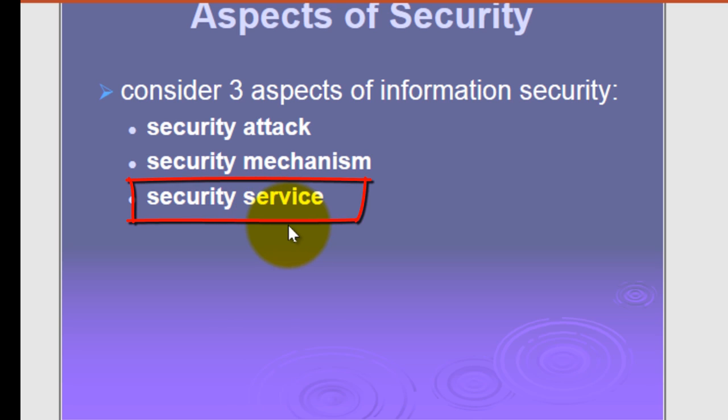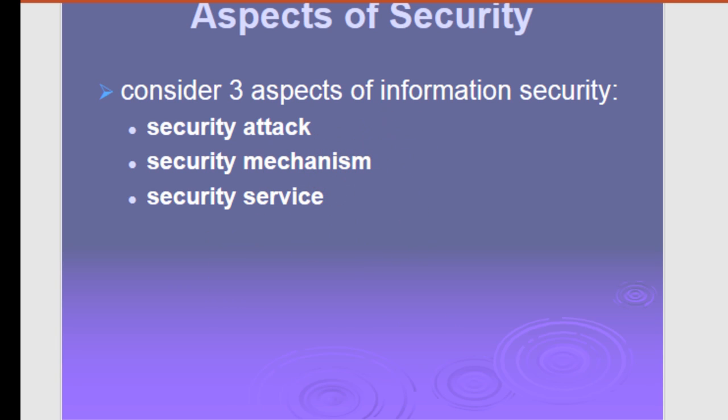And next one, security service. These are all the services which will enhance the security of an organization. The security service will use one or more of the security mechanisms for providing service, because without using the security mechanism you can't provide service. For example, there is a big shopping mall, and they have to provide security to the people coming into the mall, and security to the mall.